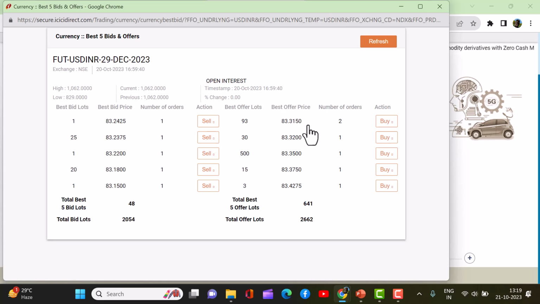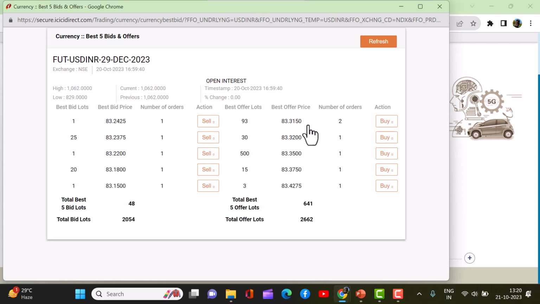First of all, somebody has placed an order for buying $1, one contract, at 83.24. One order. At a price of 83.2425. There is another guy who has placed an order for 25 US dollar contracts at 83.2375. This price is going lower.